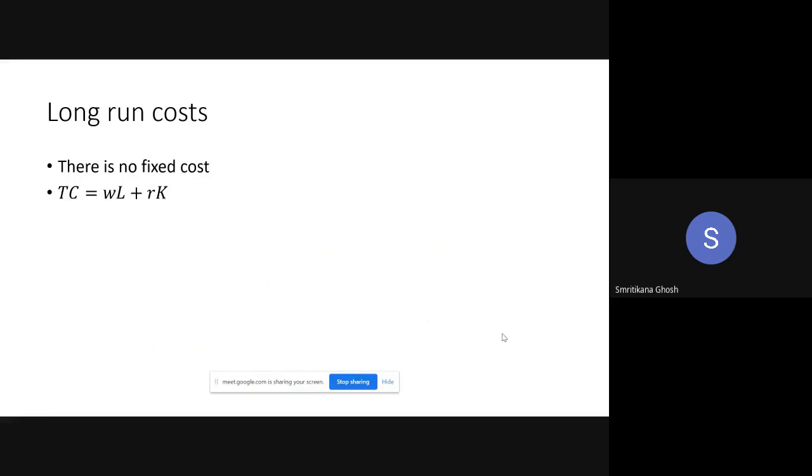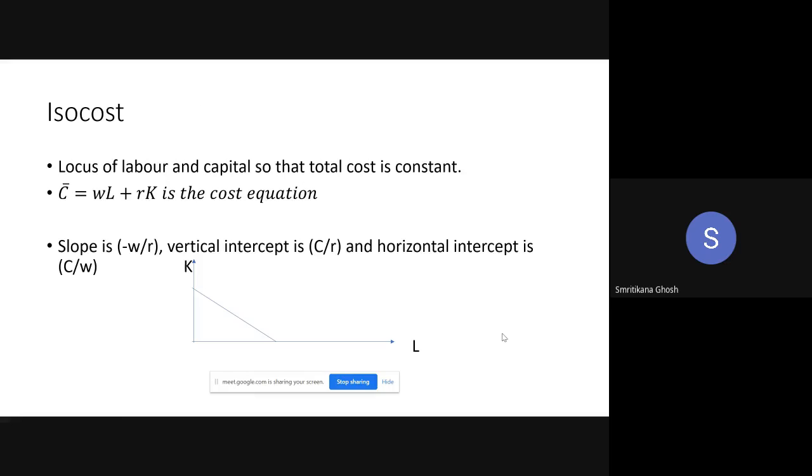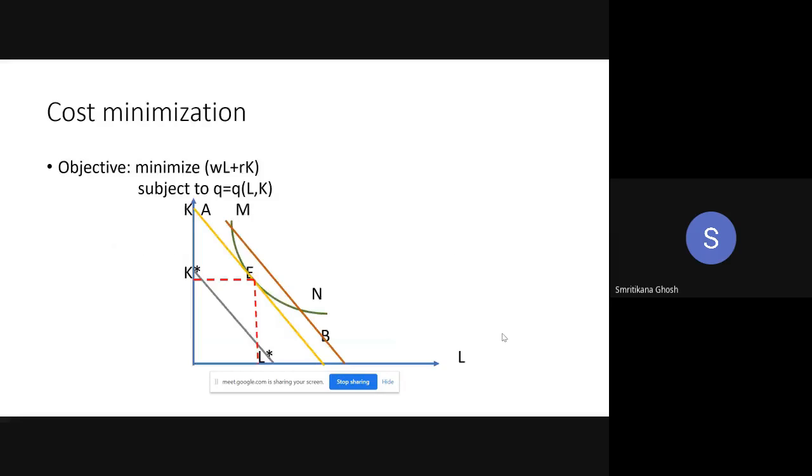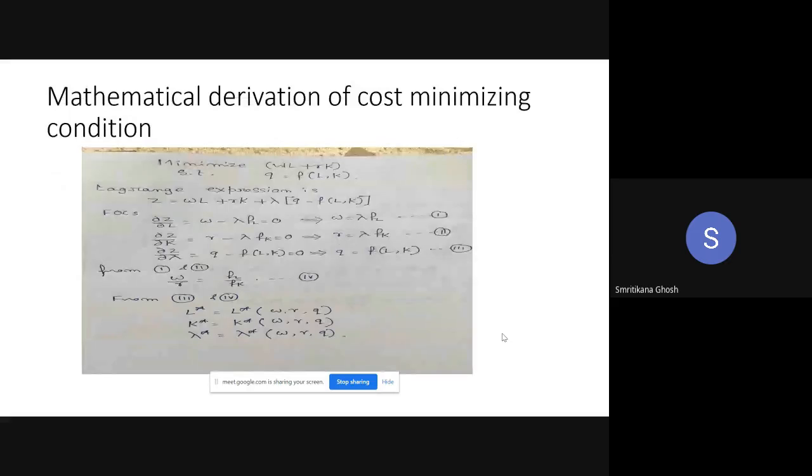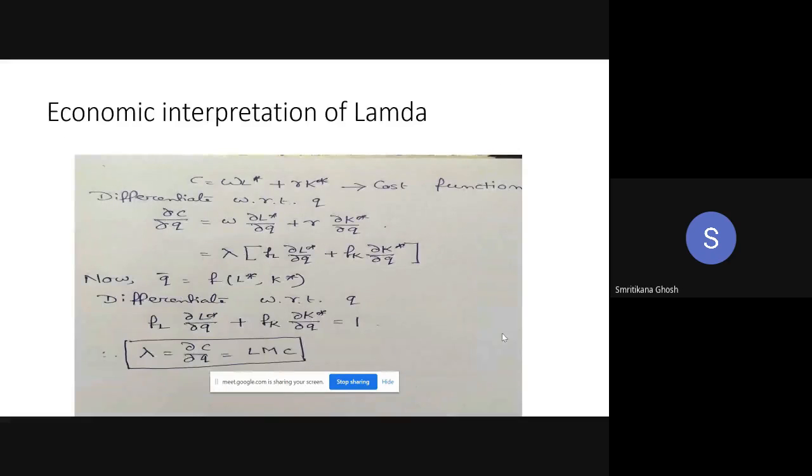Now we are at the long run cost, and we said in the long run cost there is no fixed cost, so all the costs are variable. There we have introduced the concept of iso cost, and then the cost minimization, the equilibrium condition, mathematical derivations, a simple Lagrangian way.